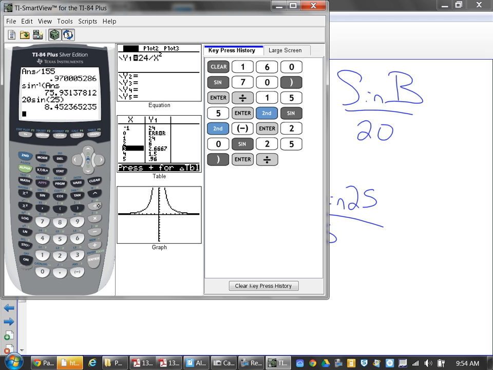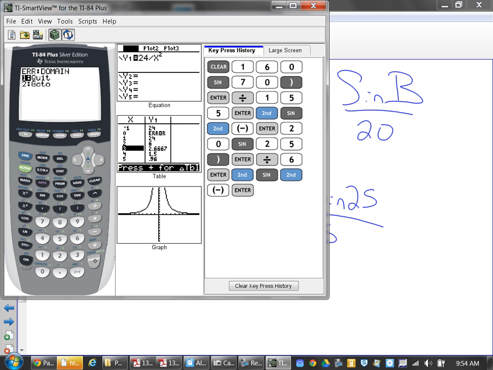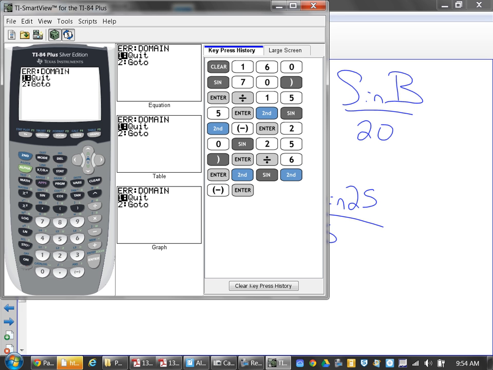Close it, hit enter, divided by 6, hit enter. And right now I have the sine of some angle is 1.4. Second sine of your answer you get, which means what? It doesn't happen, therefore, no triangle can be formed.